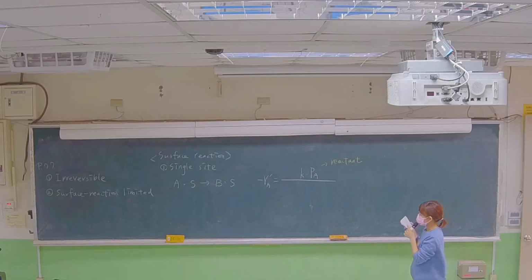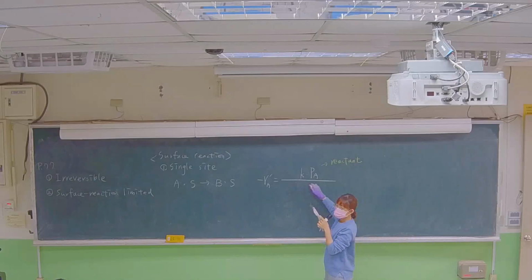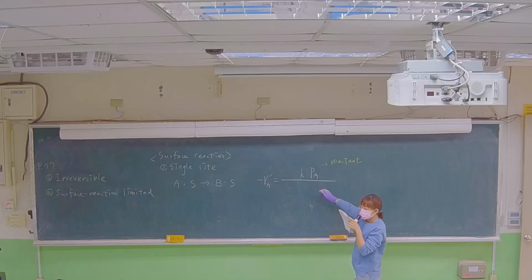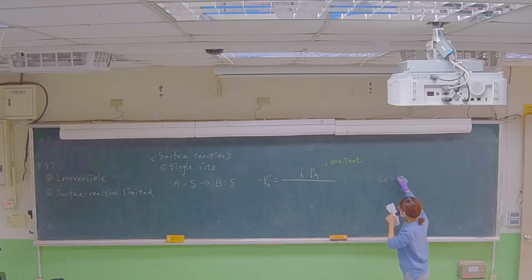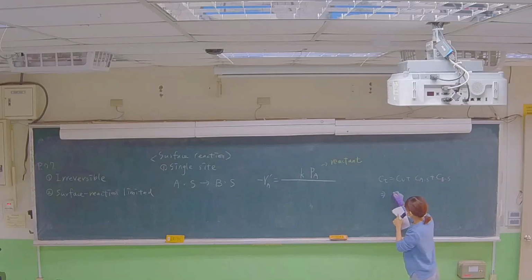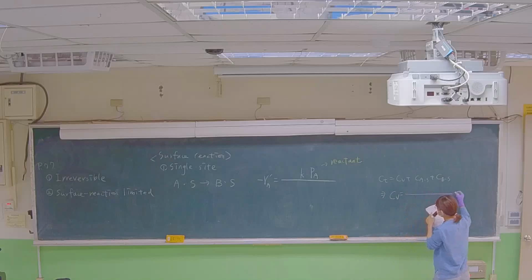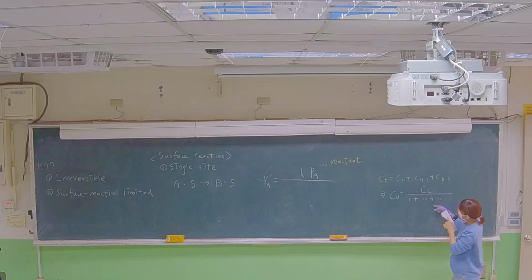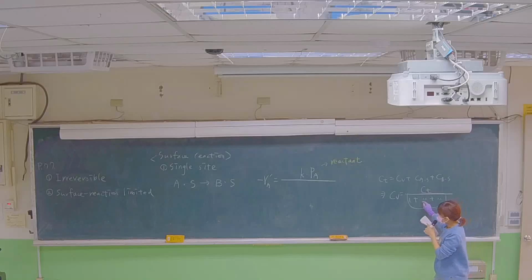How about this part? If you remember, this part is from the site balance, right? It's from the site balance, and we will get CV equals to something like this. So this part is the same as this part, right?